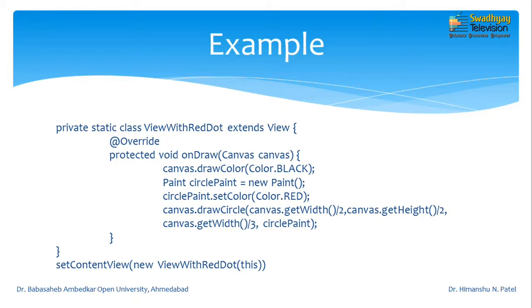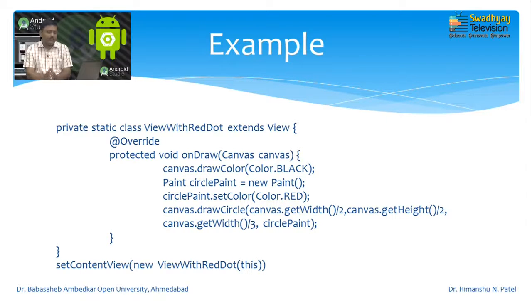For example, the first line writes canvas.drawColor. It specifies the color for drawing, which is black in this case. Then we can create a paint object named circlePaint, and we can set paint color as red color, and finally we draw circle using drawCircle method.